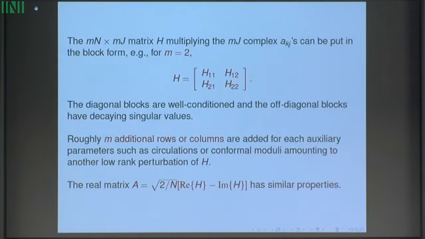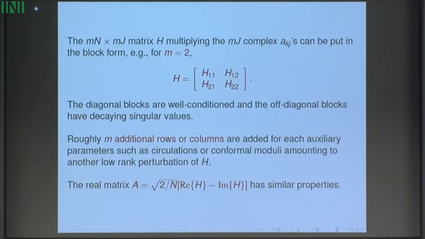So say for two circles, the diagonal blocks are nice DFT matrices, and the off-diagonal blocks are the interactions, and the singular values of those decay rapidly. This carries over when we take the real parts and divide the matrix up.